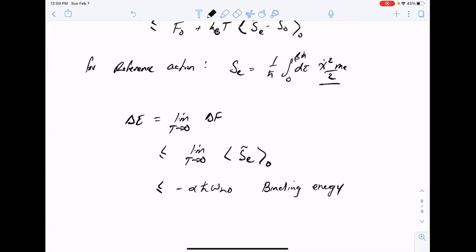This limiting binding energy actually works pretty well even up to alpha being near a unit. So it is essentially quantitatively correct for gallium arsenide, where alpha is less than 0.1.